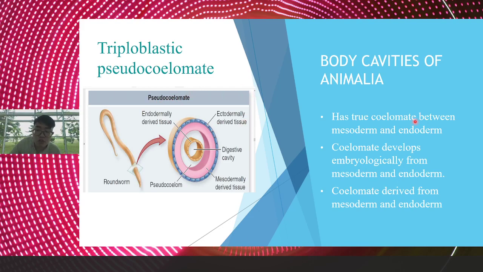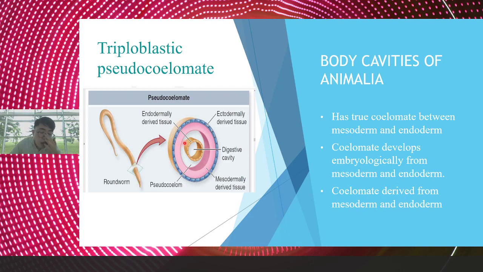It also has a cavity, but the difference is the cavity is derived from mesoderm and endoderm. For the true coelom, it is derived only from mesoderm. For this one, it is derived from both mesoderm and endoderm. You have to be alert.